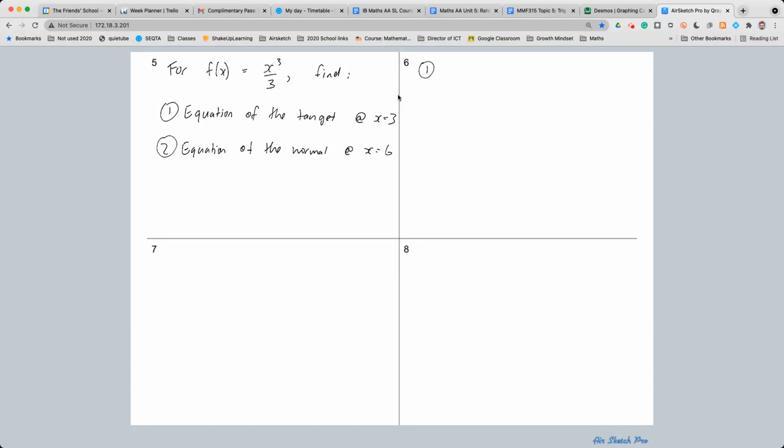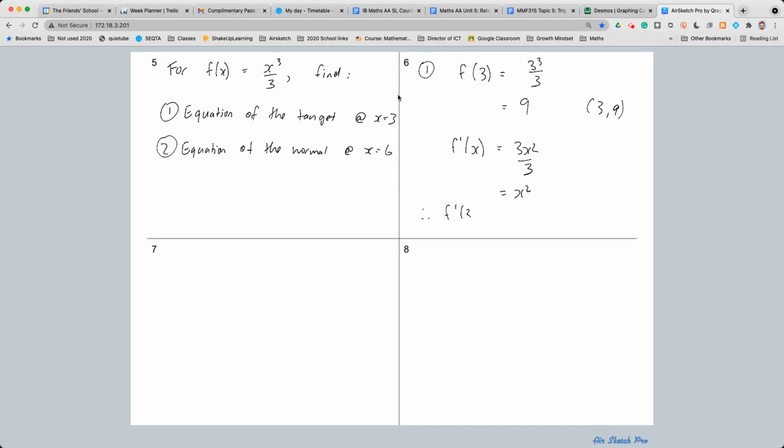So, 1. f of 3 is equal to 3 cubed over 3, which is equal to 9. So the point is (3, 9). Good so far? This is going to be the point that the tangent's going to have in common. f dash of x is equal to 3x squared on 3, which is equal to x squared.